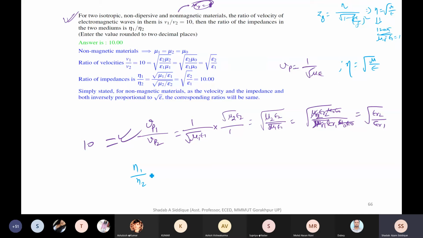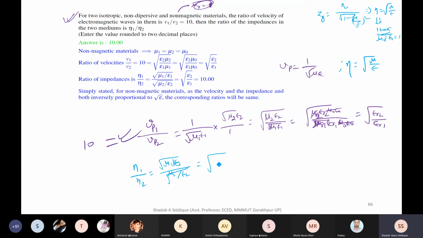So now eta 1 by eta 2 is nothing but square root of mu1 by epsilon 1 divided by mu2 by epsilon 2. And we know mu r2 is equal to mu r1, and mu naught and epsilon naught get cancelled.